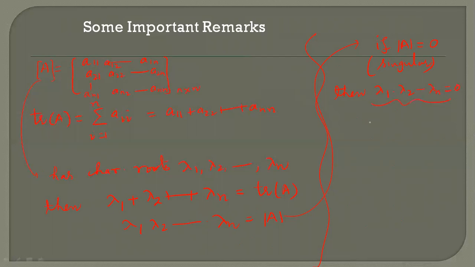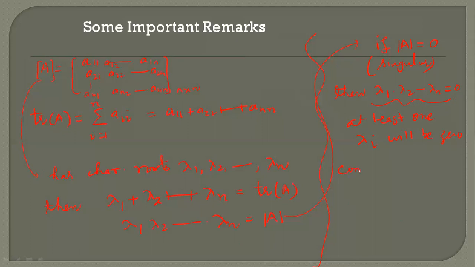It means at least one lambda i will be 0. Lambda 1 will be 0, or lambda 2 will be 0, or lambda n will be 0, or two can be 0, or all n can be 0 here.